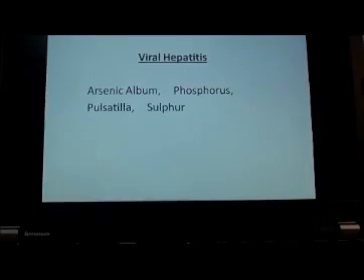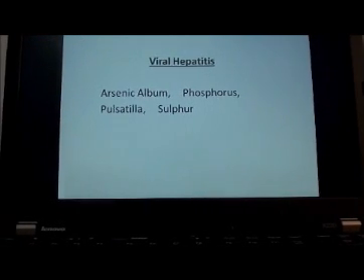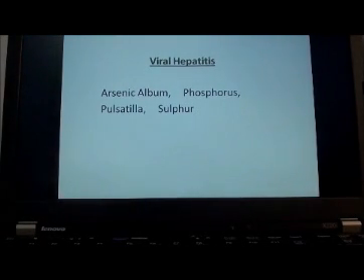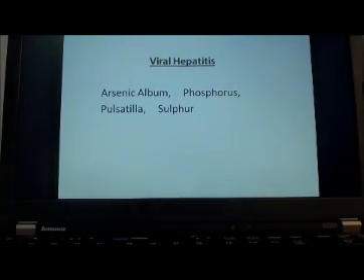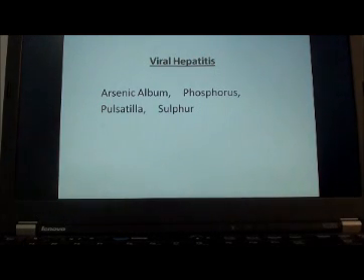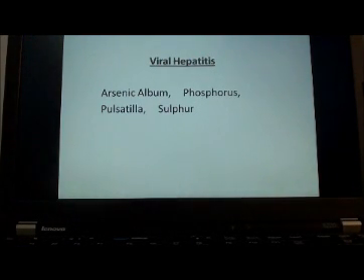Now, in the same season, as I told you earlier, we get cases of viral hepatitis. We'll see the group of drugs which cover viral hepatitis. Arsenicum album, Phosphorus, Pulsatilla and Sulfur.